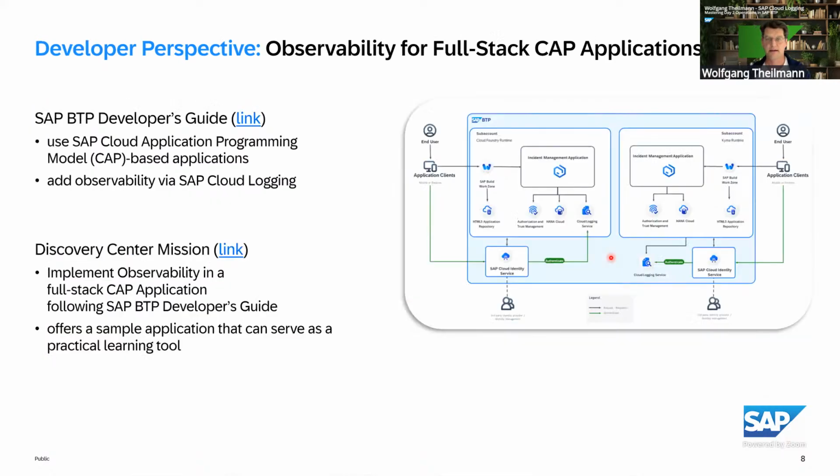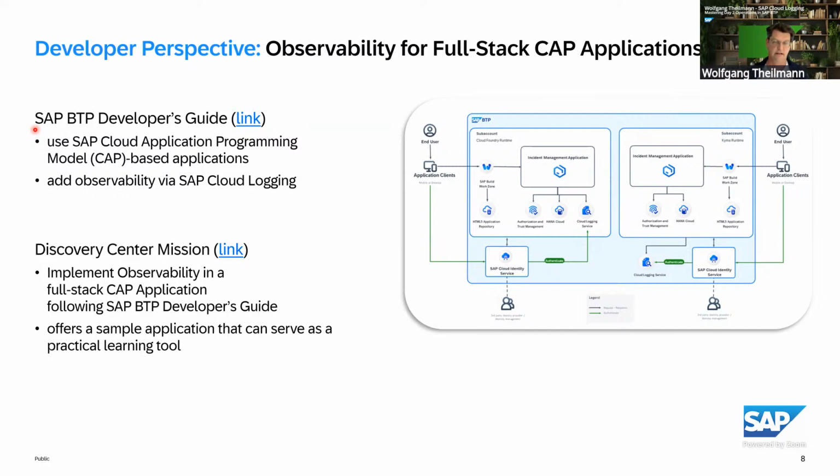The next perspective is rather the developer perspective on things. So how to observe your full stack applications, which typically come with the so-called CAP, Cloud Application Programming Model. You might have heard about the SAP Developer Guide, which is the general best practice guidance on how to develop on top of BTP, but then also how to address things like observability.